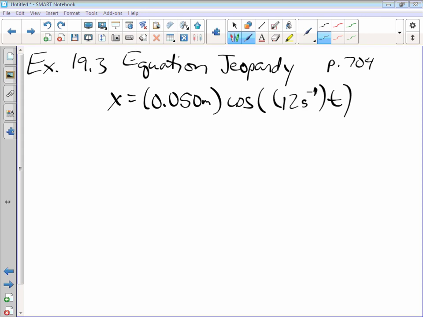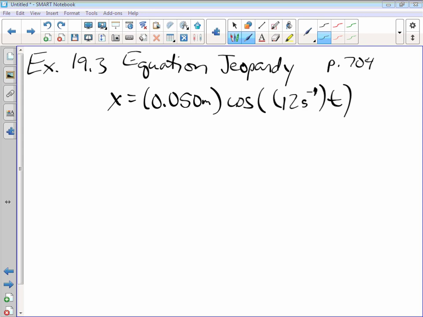So here's our equation. x equals 0.050 meters cosine of 12 seconds inverse, it's supposed to be s to the negative first, multiplied by time. And the question is, what can you determine about this motion?